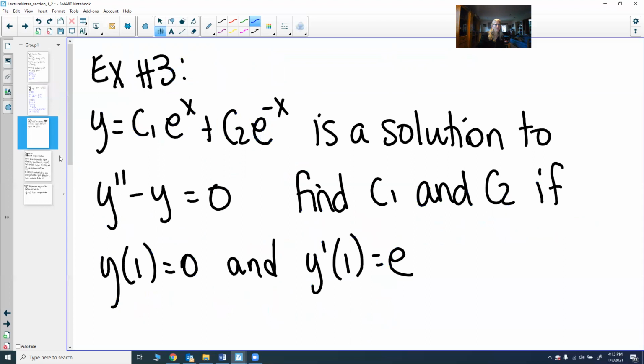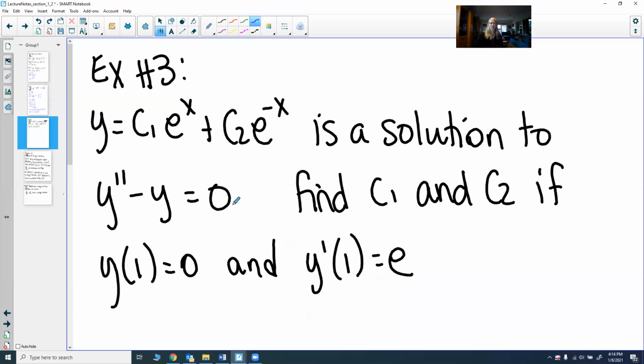Let's try another example. Let's say y is equal to c1 e to the x plus c2 e to the negative x. This is a solution to y double prime minus y equals 0. Notice this is a second order differential equation because it's y double prime. Notice there are 2 constants, c1 and c2, in my solution.